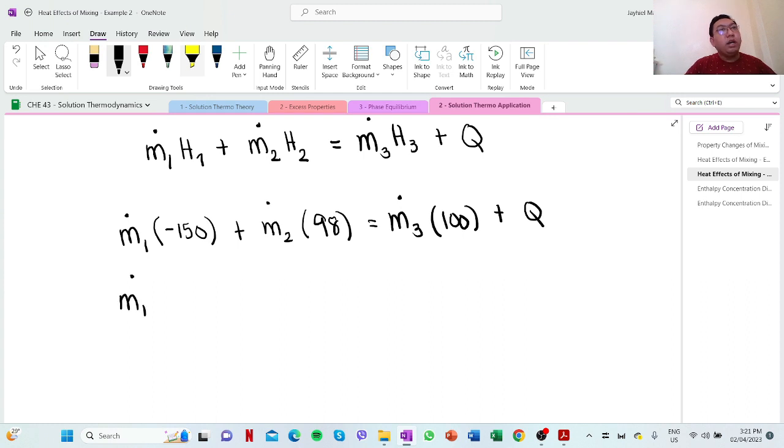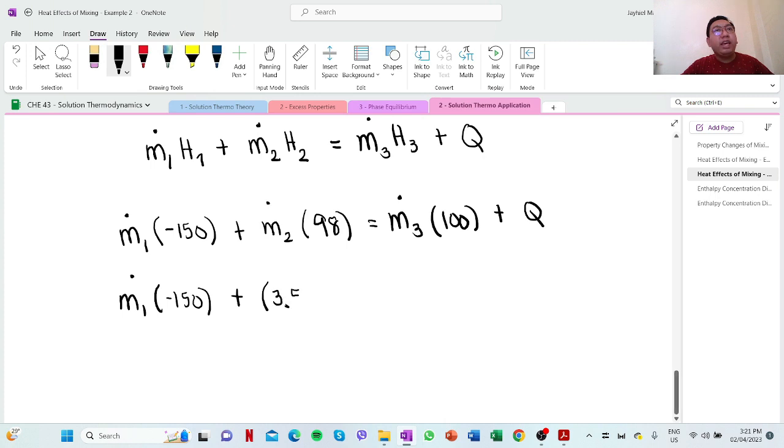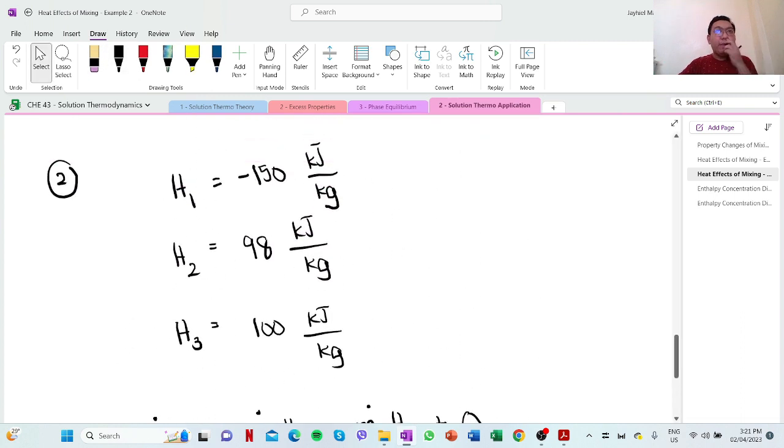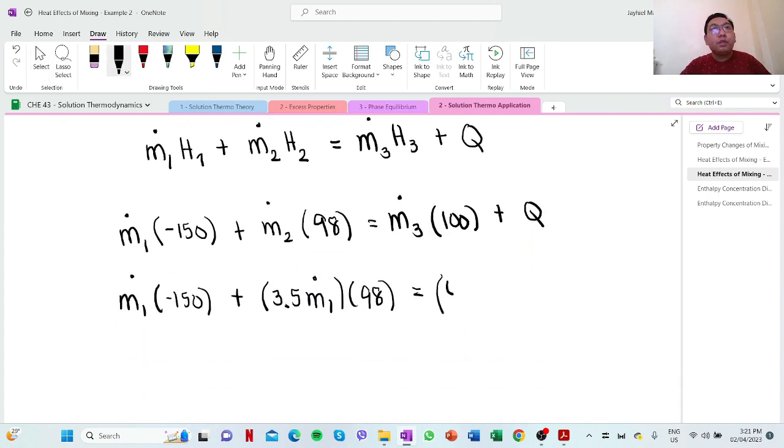M1 dot times negative 150, plus 3.5 M1 times 98 is equal to, the value of your M3 is 4.5 M1 times 100, and then plus Q. So you can actually divide both sides by M1.